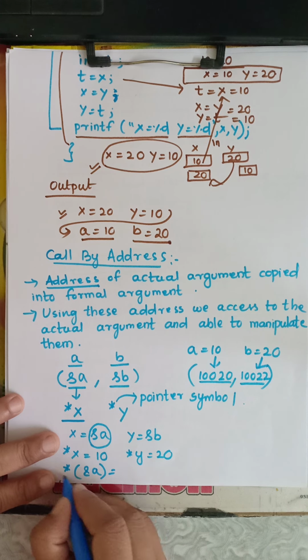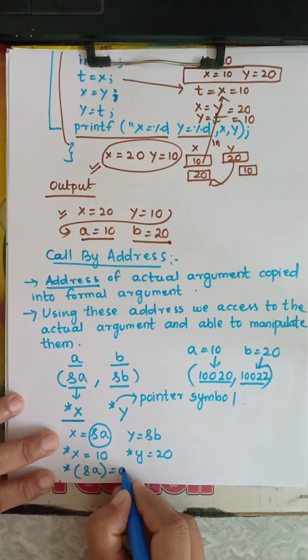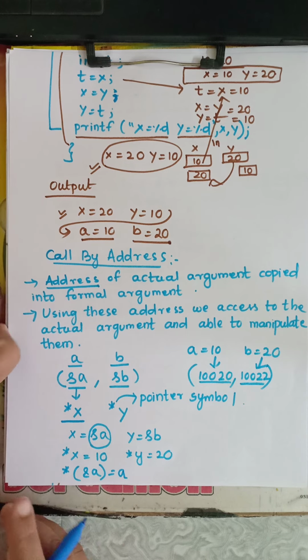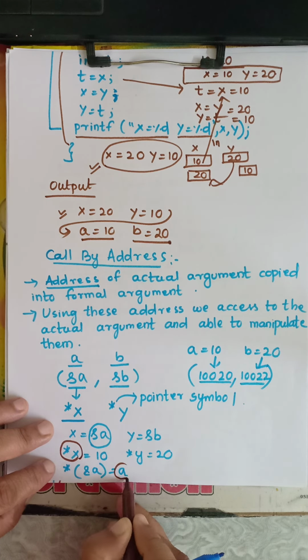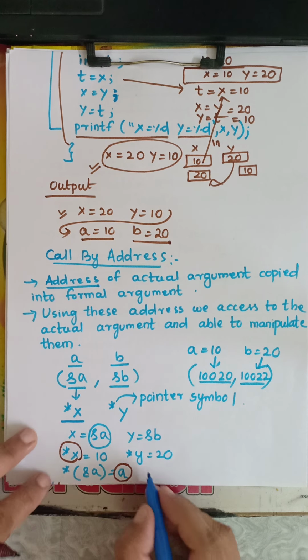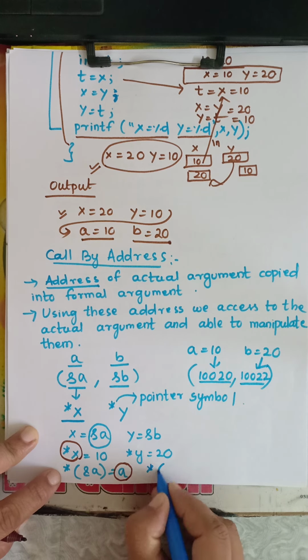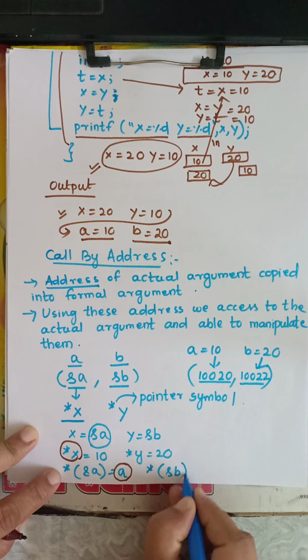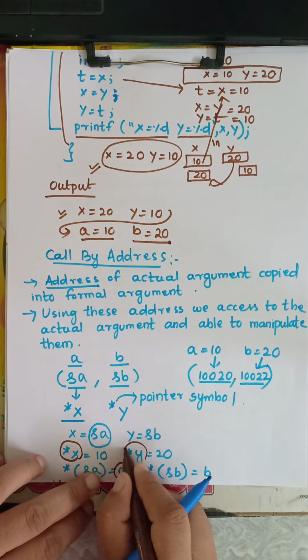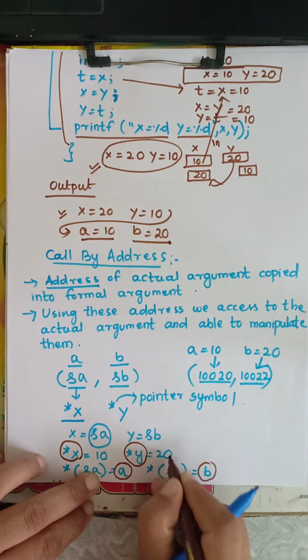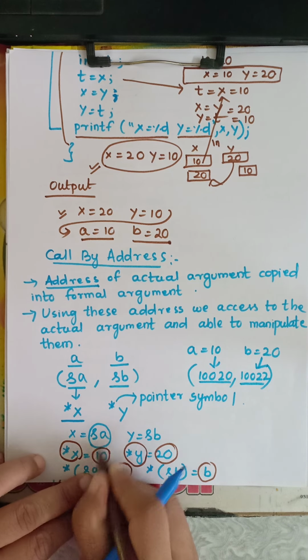Now these two symbols cancel, so this one is a. So these two values are equal, that is 10. Same here: asterisk y is ampersand b, which equals b, so these two values are equal, that is 20, and here it is 10.